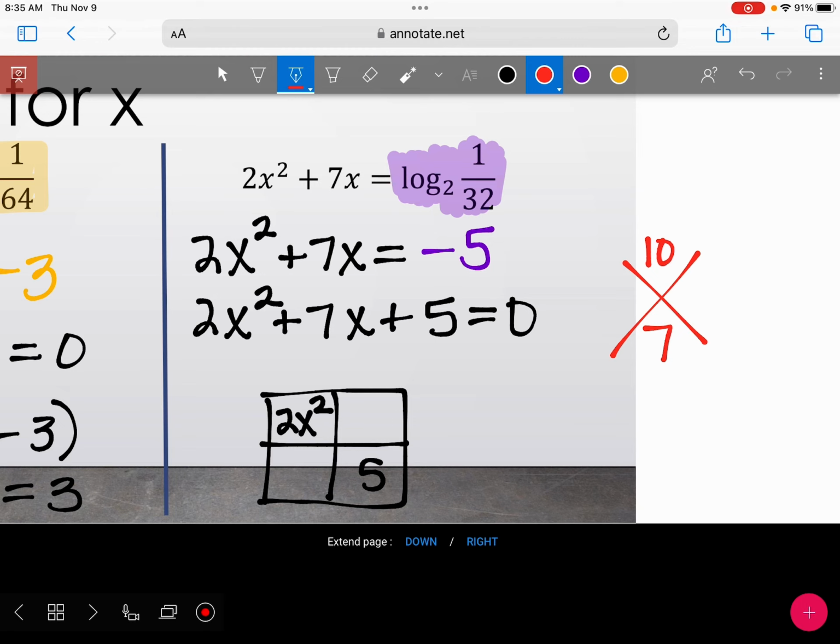What would be your two numbers? 5 and 2. So we have our 5x and our 2x.